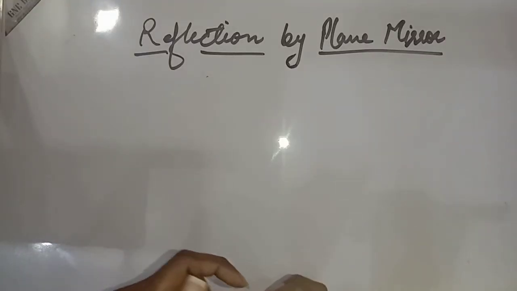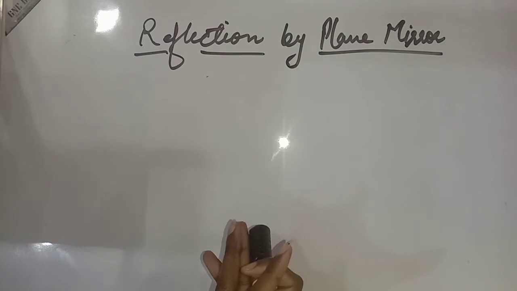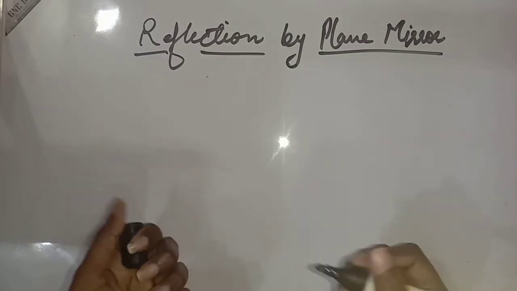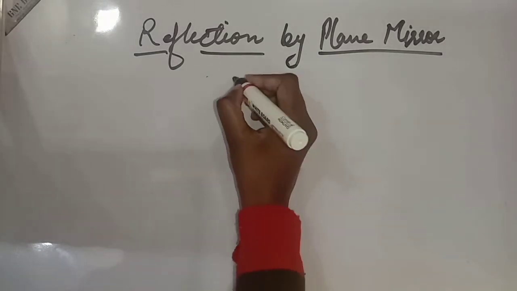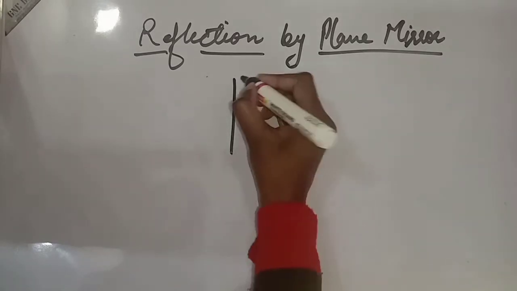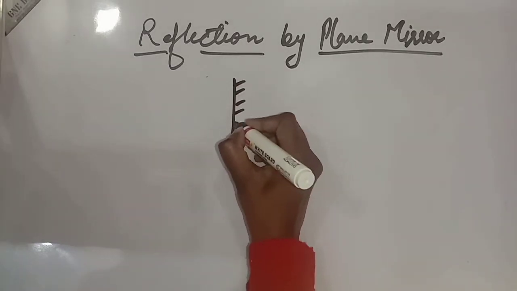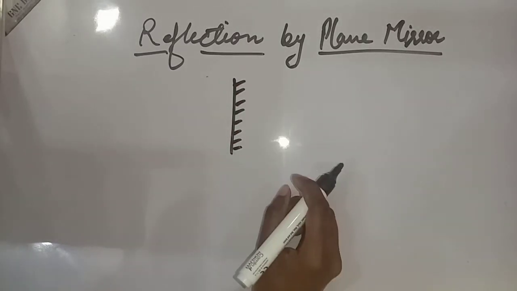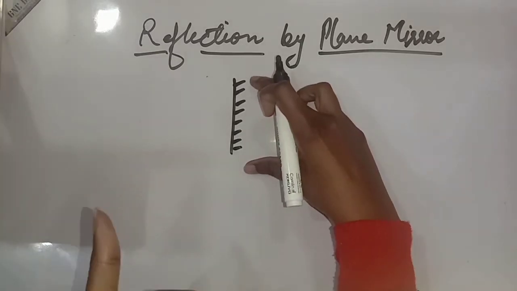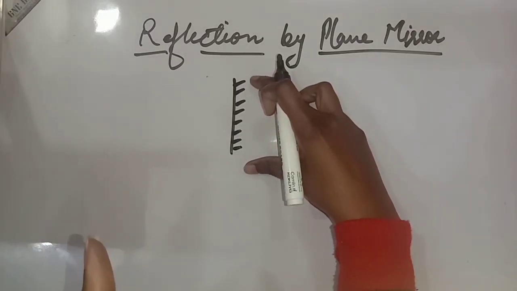Now we will study reflection of light by a plane mirror. Okay? If we consider this as a plane mirror, this is the polish done behind a mirror. Okay?